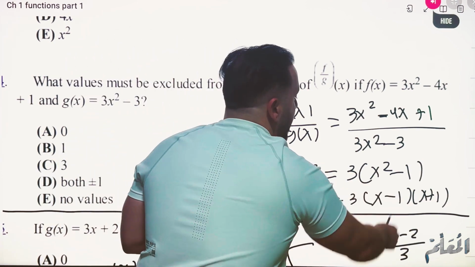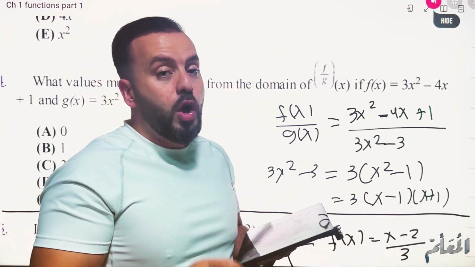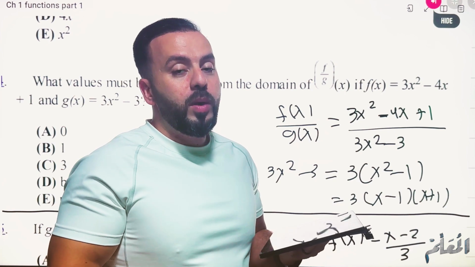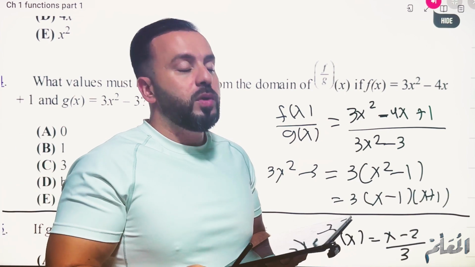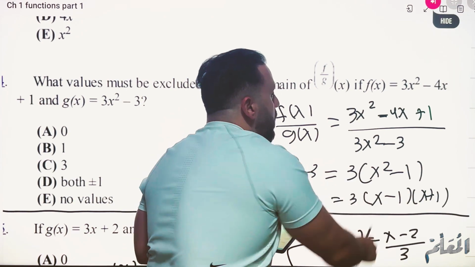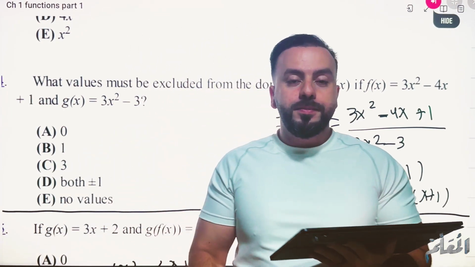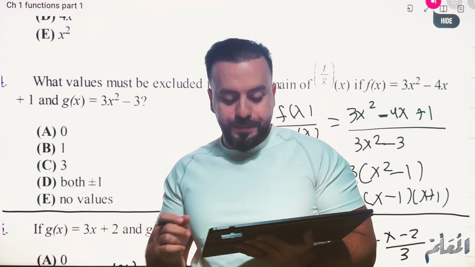So there are two values which make the denominator equal 0. And if the denominator equals 0, the function will be undefined. It goes to infinity. So in this case, we need to exclude 1 and negative 1 from the domain. Remember that. Let's go for question 3.